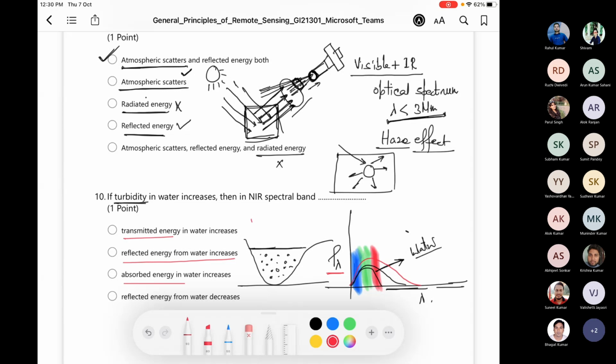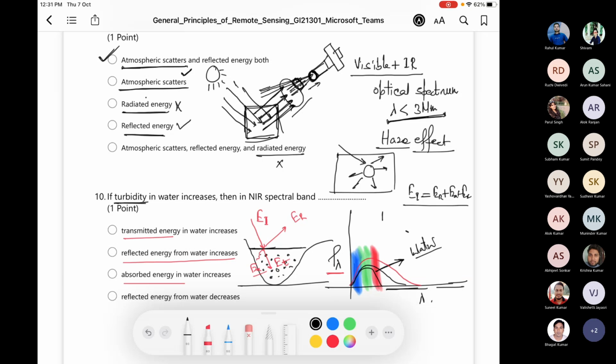When we talk about that, you need to write the entire equation. The incident energy EI: a part of the energy is reflected back, ER, then ET transmitted and EA absorbed. So you need to write that the incident energy is equal to ER plus EA plus ET.